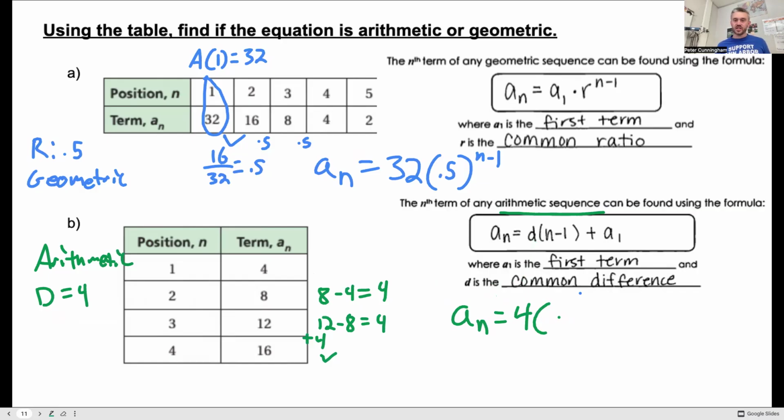N minus 1, just keep n minus 1 inside the parentheses. And then don't write plus A1. You're not adding 1. You're not adding steak sauce to this. You're adding my first term. A of 1 is right here. A of 1 equals 4. So instead of writing A1, I'm writing 4.